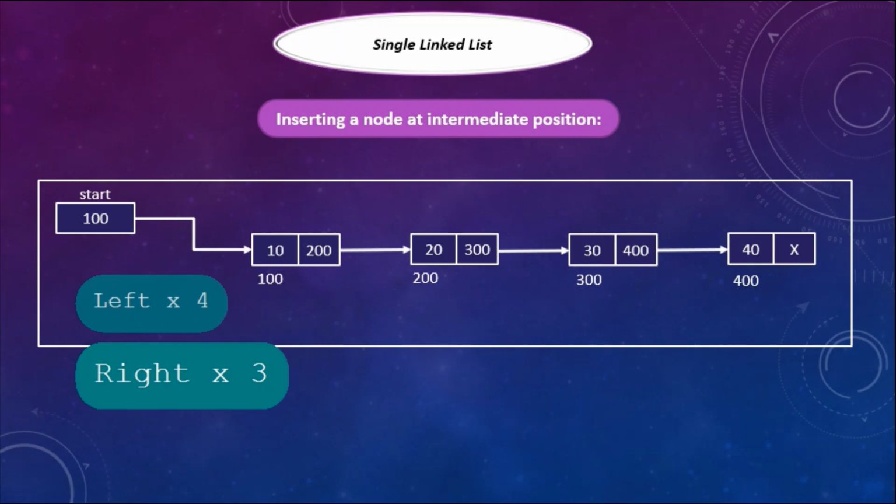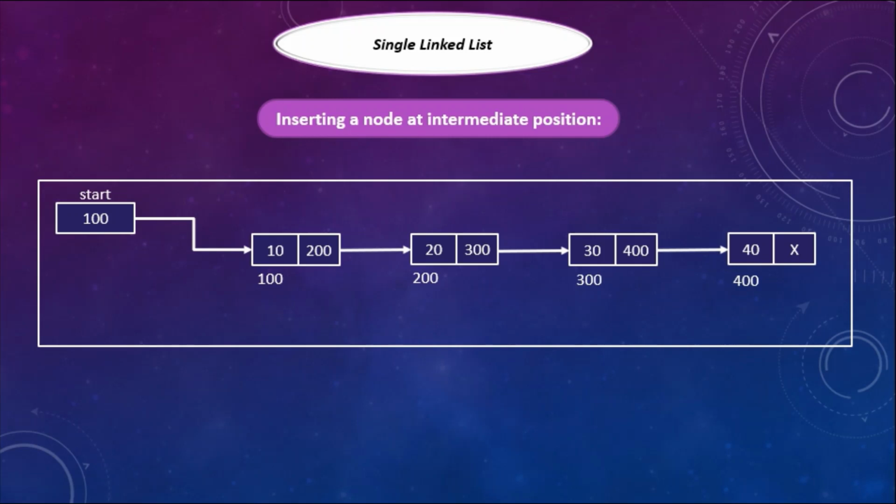For inserting a node at an intermediate position, let's suppose this will be our linked list, and we need to insert a new node at the third position.